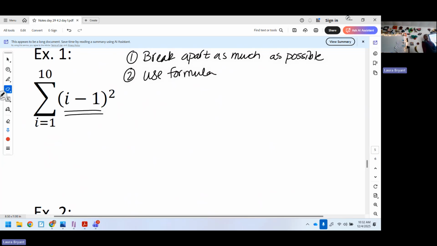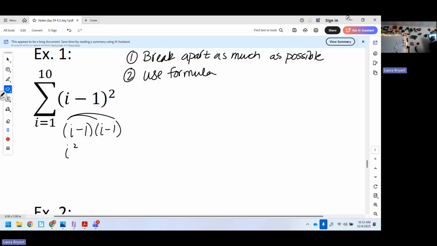And then we're going to use the formulas to answer it. I'm well aware you could just plug in 1 through 10 right now and get the answer. Yes, but that's not how we'll be able to do it when we're doing the calculus version of it. So we're just going to practice using the formulas now, and then that'll be our bridge to do the full-on problem.